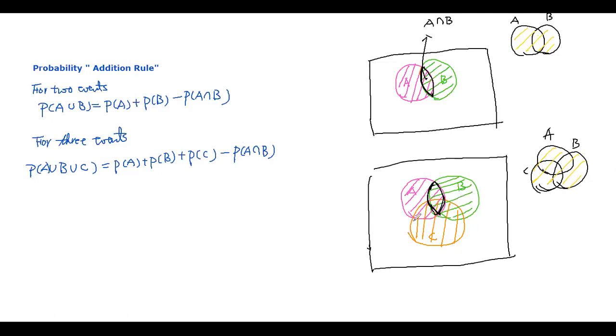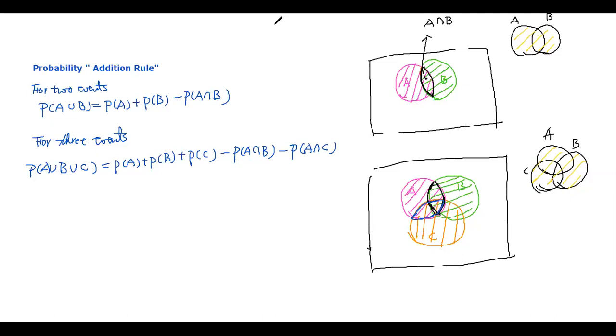Now this area here is AC. You have it twice also, so I need to minus out AC.